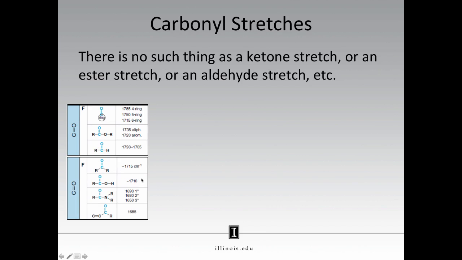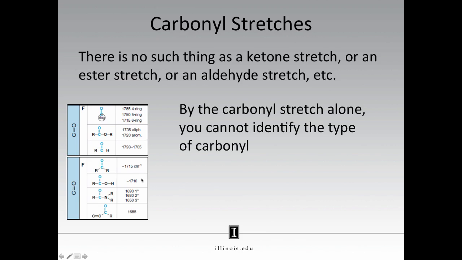This is not true. The potential danger of this table is you believing that there is such thing as a ketone stretch, or an ester stretch, or an aldehyde stretch. That carbonyl stretch tells you that there is a carbonyl in your molecule. It does not tell you what kind of carbonyl you have.